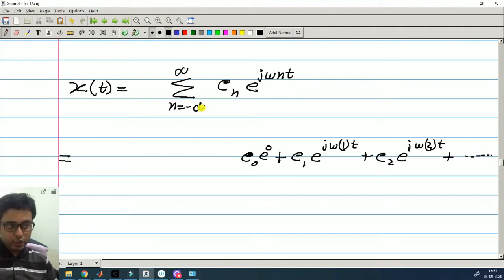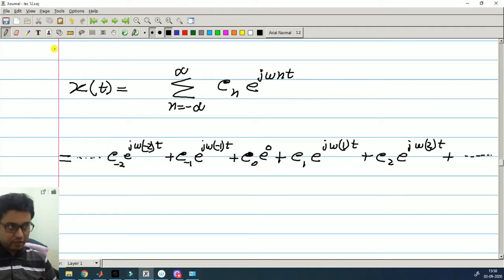Also, for n equal to minus 1, we will have C minus 1 e to the power j omega minus 1 t. Before that, C minus 2 e to the power j omega minus 2 t and so on.